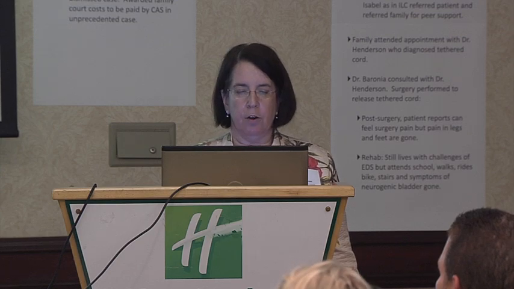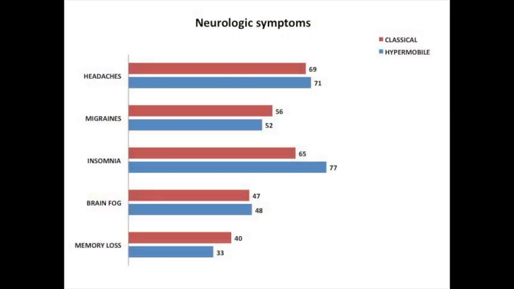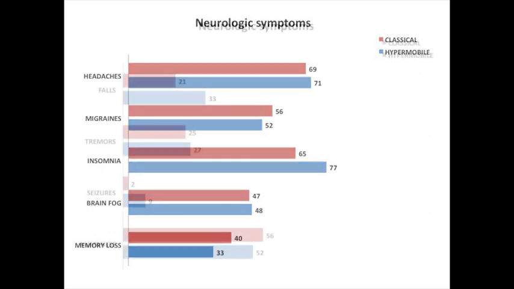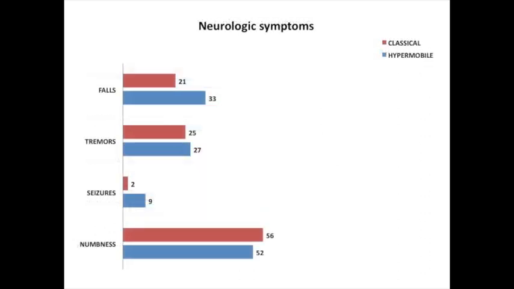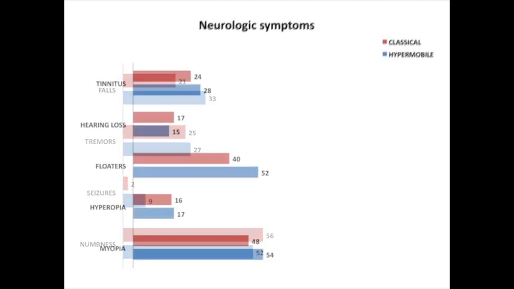Just to highlight here, the sleep disturbances are in 65 and 77% of our patients with classical and hypermobile EDS. So it's a very big issue, but headache is also a very common presenting symptom. And here you can see that 56 and 52% are presenting with numbness in one or more extremity.